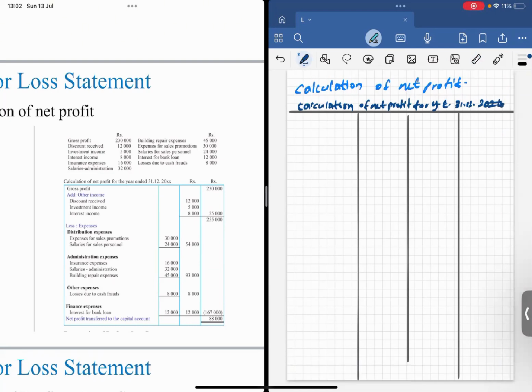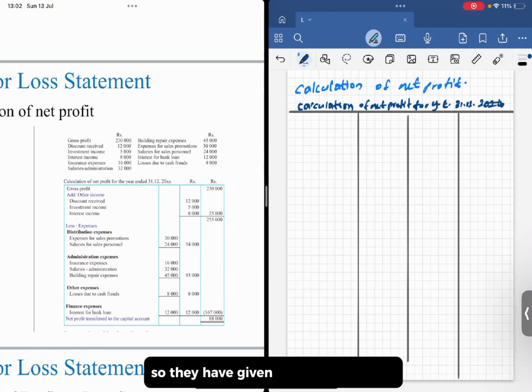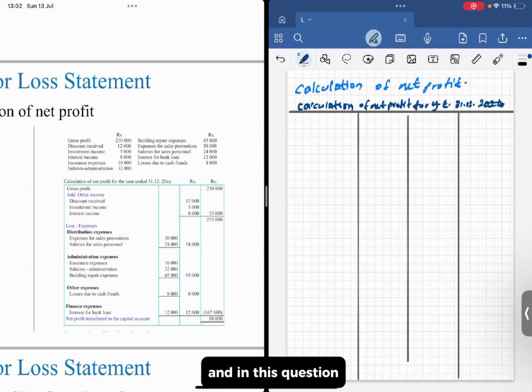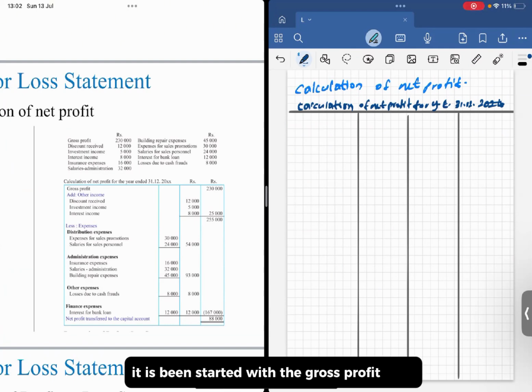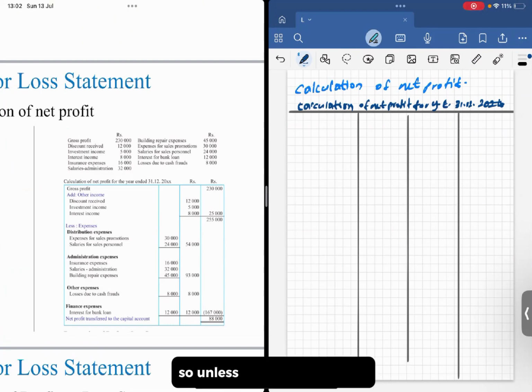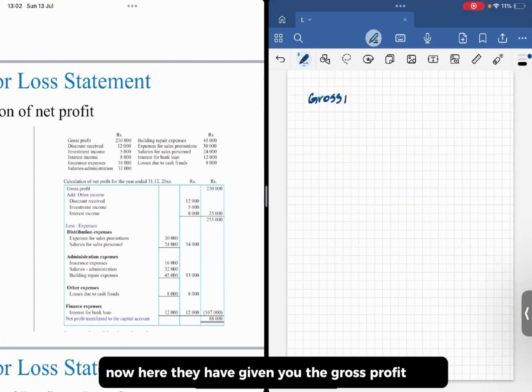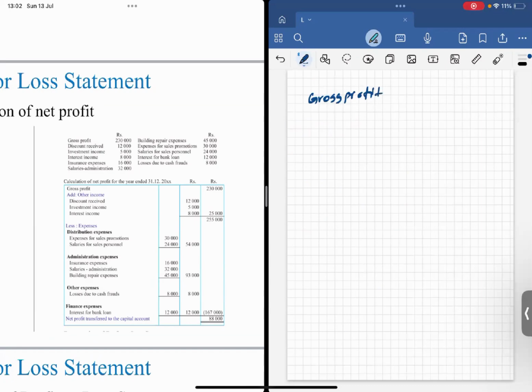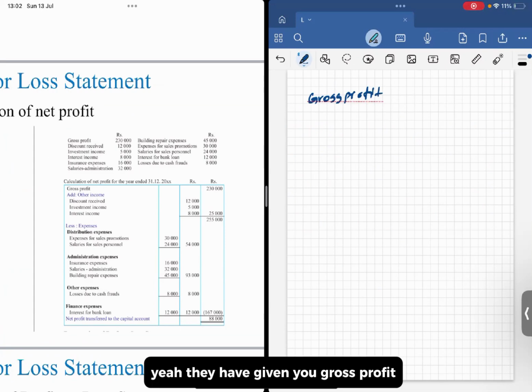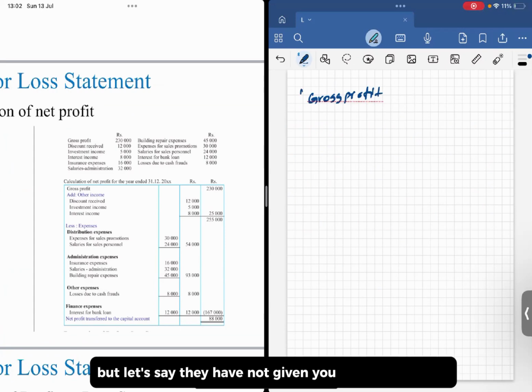So they have given us a gross profit, and in this question it starts with the gross profit. But let's say they have not given you gross profit.